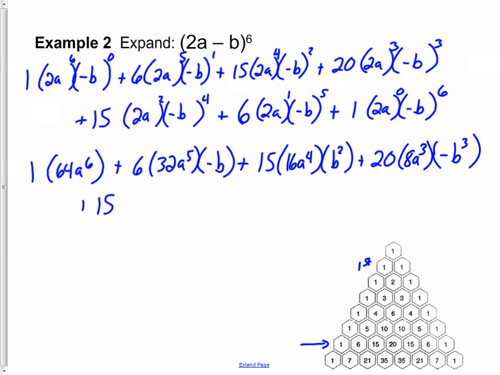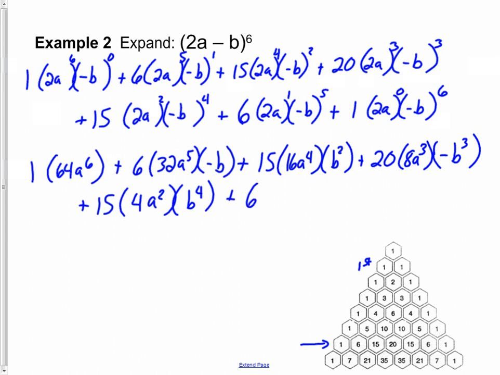We're down to 15. 2 squared is 4, a squared. And then negative b to the 4th would be a positive b to the 4th. Negative 1 to the 4th is 1. B to the 4th is b to the 4th.